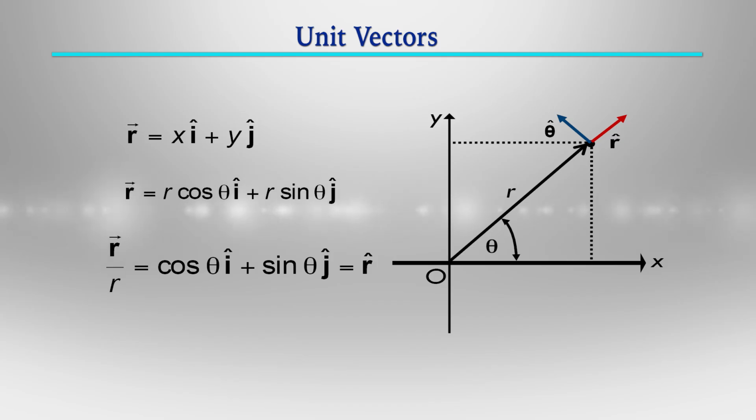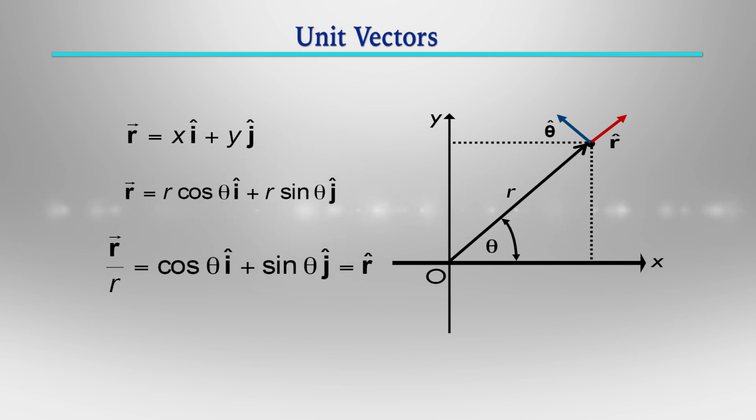It is just the position vector divided by its magnitude. If you divide r vector by the magnitude of r, that gives cos theta i cap plus sin theta j cap, which is nothing but the unit radial vector. So, r cap is equal to cos theta i cap plus sin theta j cap.